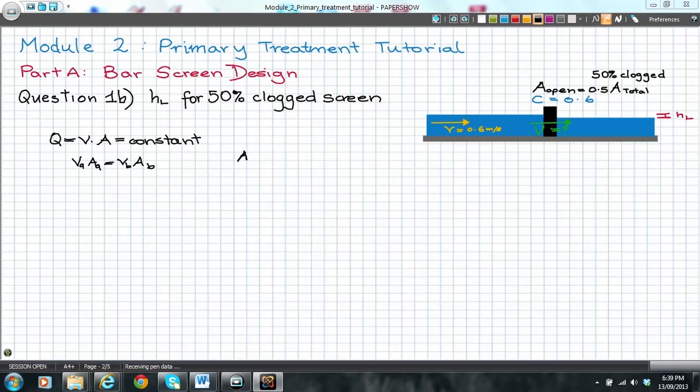For scenario A, that is the area of the clean screen. For scenario B, that is the open area of the screen for 50% blockage.